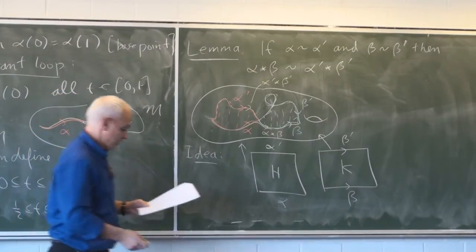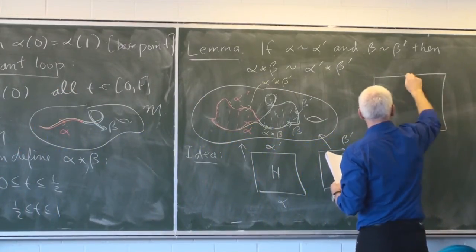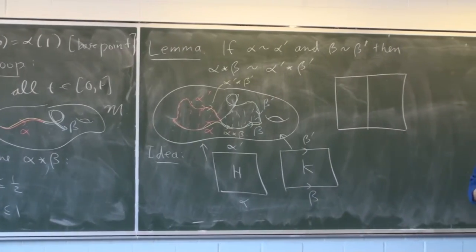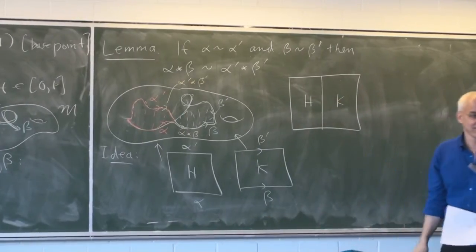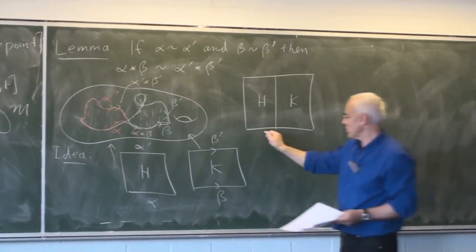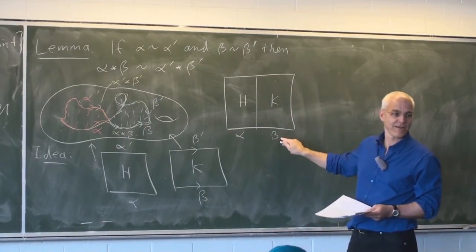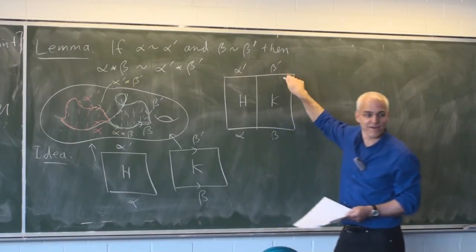So what do we do then? Well, we're going to put them together, but in kind of the opposite way we put them together last time. Now we're going to put H on this side and K on this side. And then that's going to be a homotopy from alpha followed by beta down here, and alpha prime followed by beta prime up here.